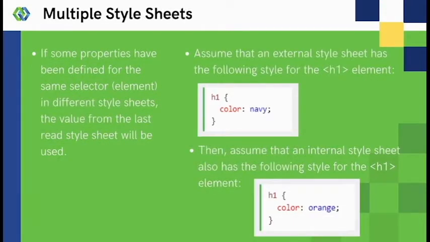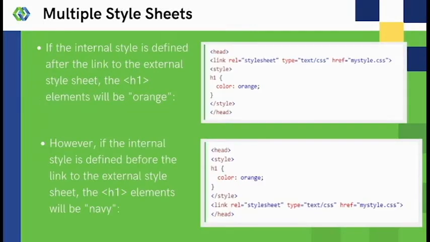And then we have multiple style sheets. If some properties have been defined for the same selector or element in different style sheets, the value from the last read style sheet will be used. Assume that an external style sheet has the following style for each h1 element, and an internal style sheet also has the following style for each h1 element.